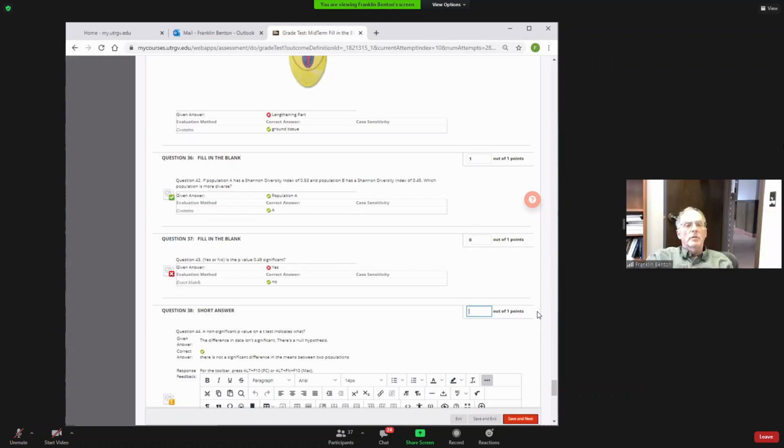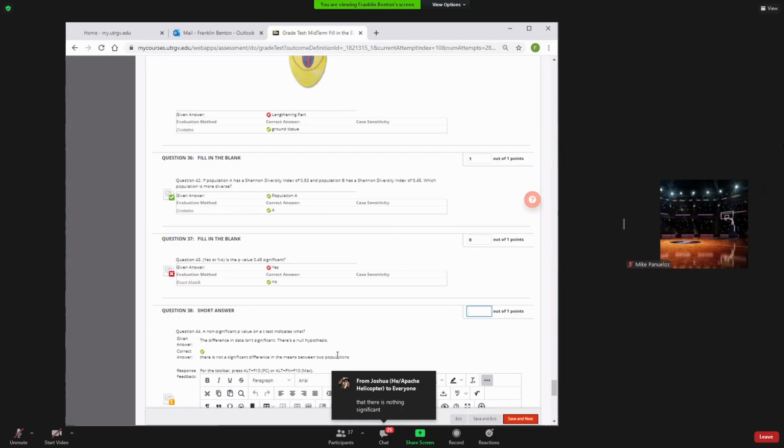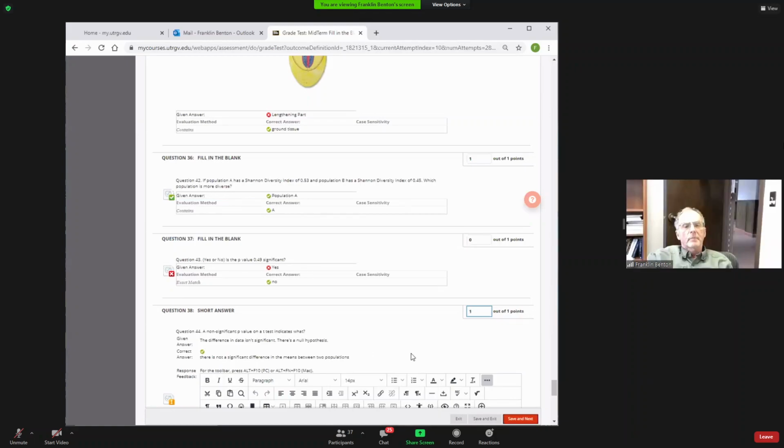All you have to do is say that it shows that there's no correlation. But okay. I'm going to read these answers and see what you wrote, because there's a lot of different ways it can be written. Oh boy, okay, that was question 38.